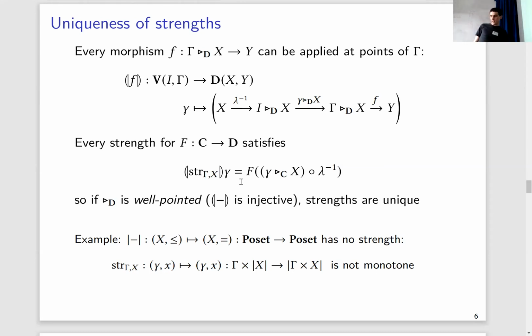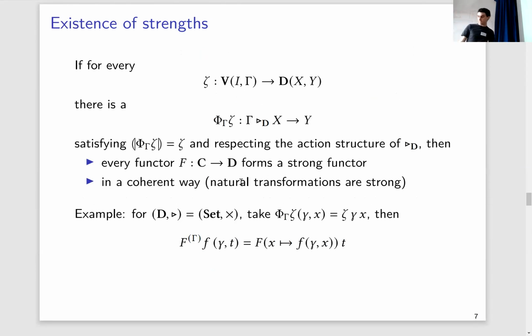Okay. So now let me move on to the dual question, which is when do strengths exist? We can talk about the same sort of thing, applying maps to points.